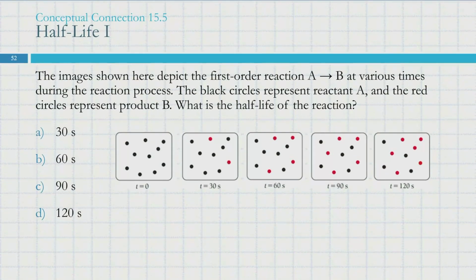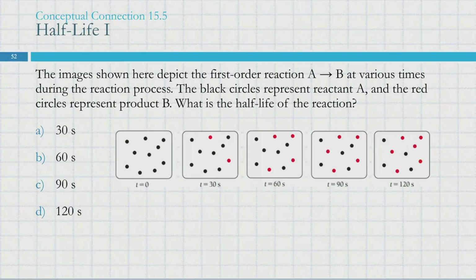identification of these equations. We've got some images that depict first order reaction A to B at various times. The black circles are A, the red circles are B. What is the half-life of the reaction?